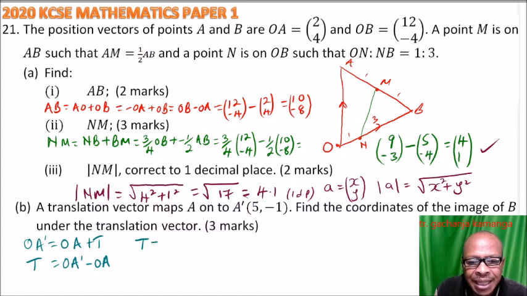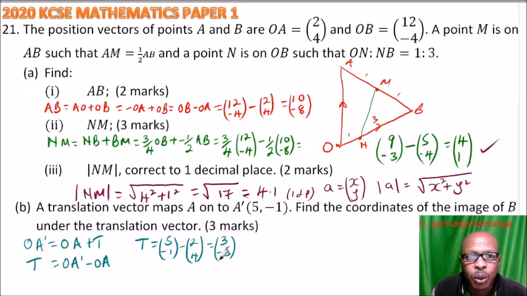So this implies T is equal to, we already have OA prime using the coordinates 5 minus 1, and we already got the OA here, which is 2, 4. So it is 5 minus 2, that will give us 3. Then 1 minus minus 4, that will give us minus 5. So now we have got the translation vector.